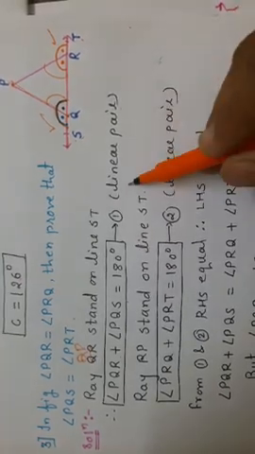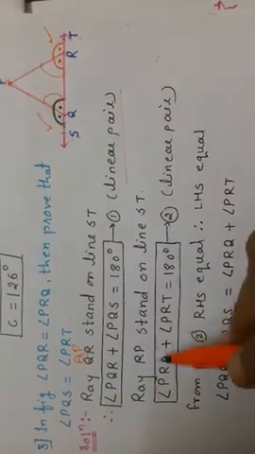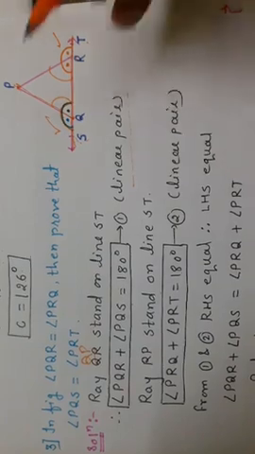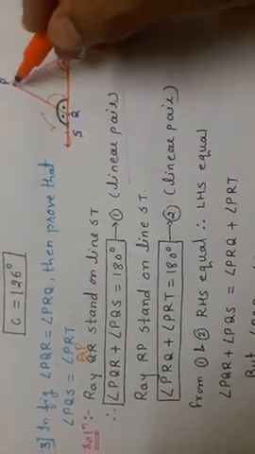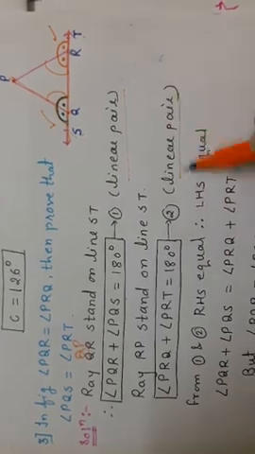Why? Linear pair. Again second, ray RP stands on the same line ST. Therefore PRQ plus angle PRT is equal to 180 degrees, linear pair.